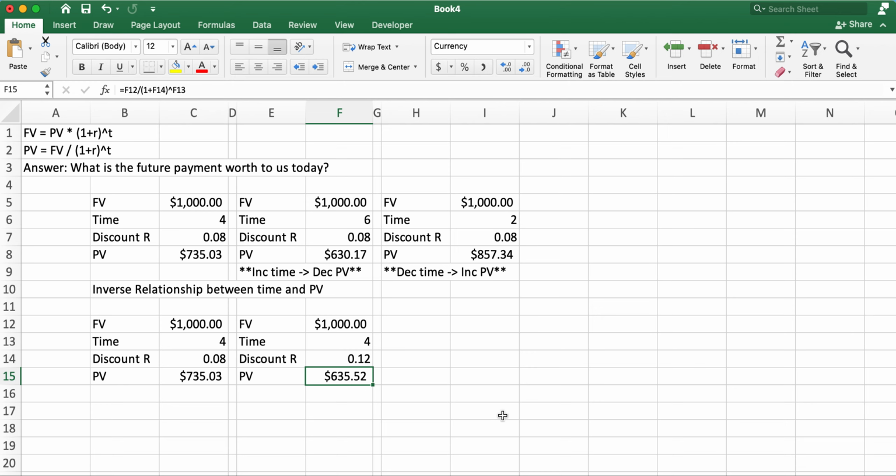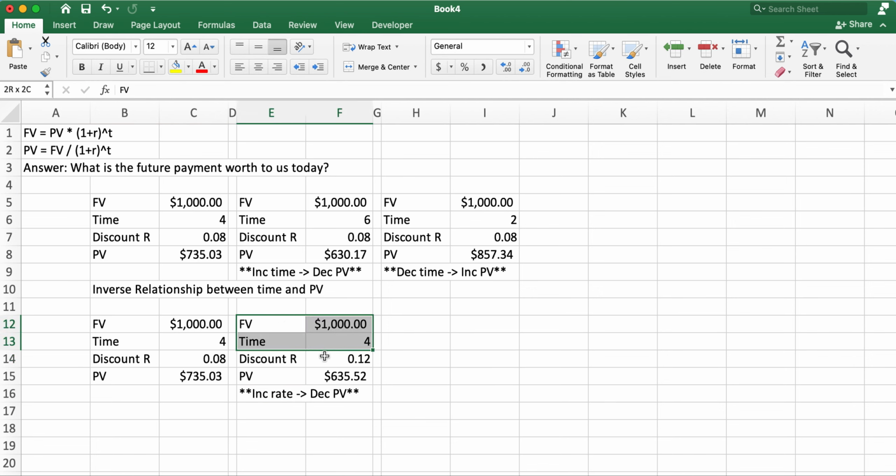And that's one of the reasons why our discount rate is often referred to as a hurdle rate. The higher the rate, the lower the payment, the more of a hurdle it becomes. So we're going to say an increase in rate is a decrease in present value.